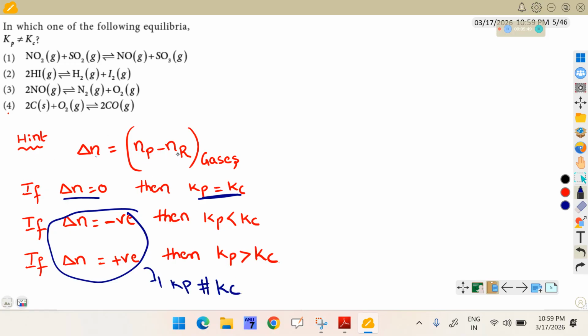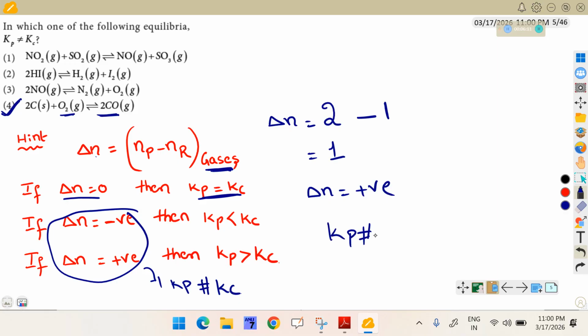Delta n is equal to np minus nr. Only consider gaseous reactants and gaseous products. You can consider the fourth option. Delta n is the number of moles of gaseous products, 2, minus the number of moles of gaseous reactants, only 1. 2 minus 1, 1. Delta n value is positive. So Kp is not equal to Kc.